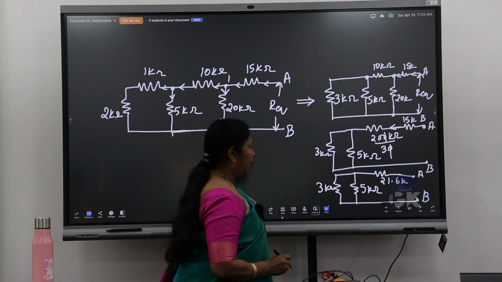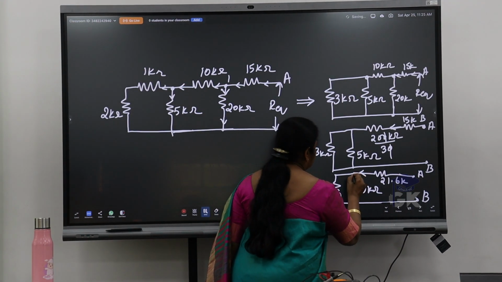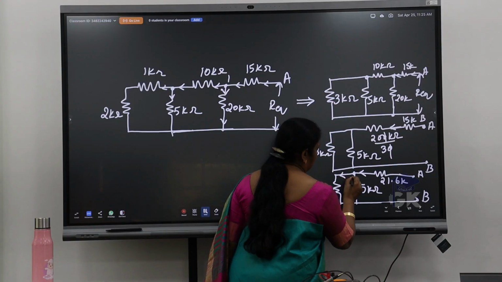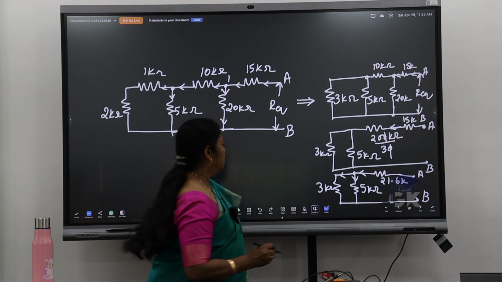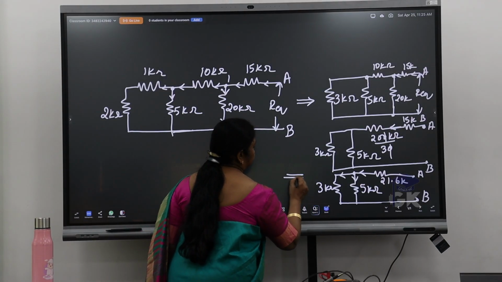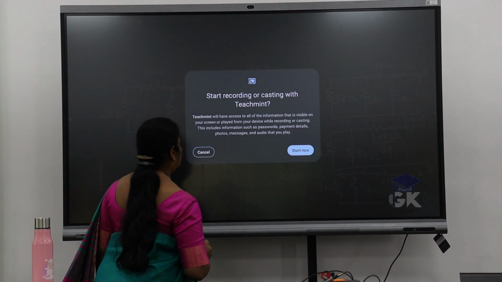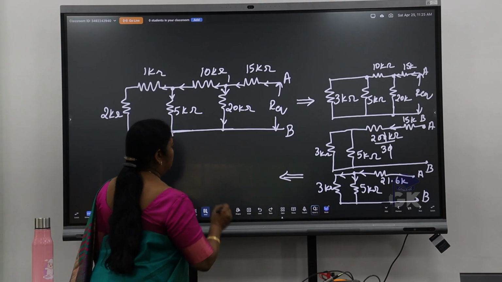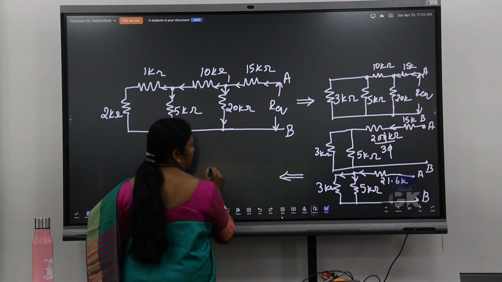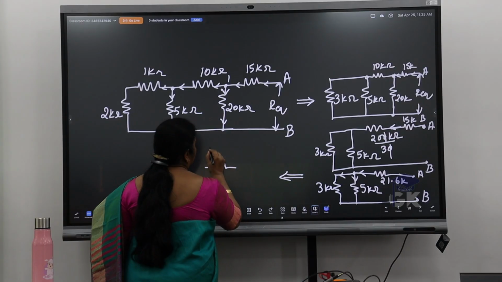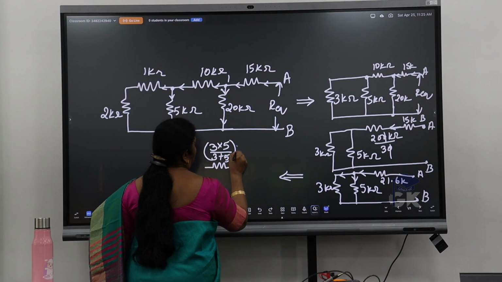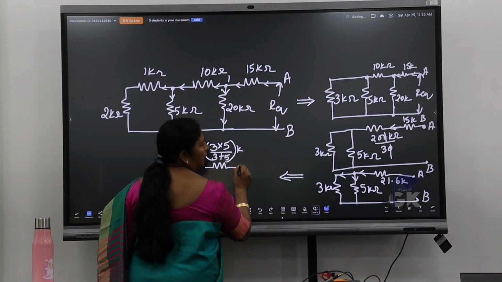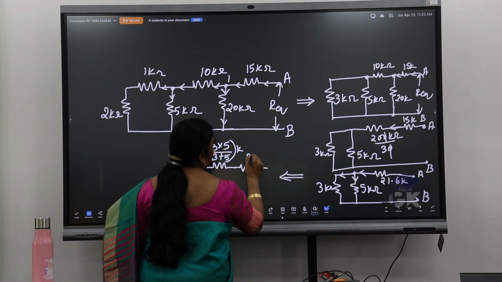Okay? Now I can see that at this point these two, 3K and 5K, are in parallel. So I'll reduce this parallel branch into 3 into 5 divided by 3 plus 5. And we have in series 21.6.